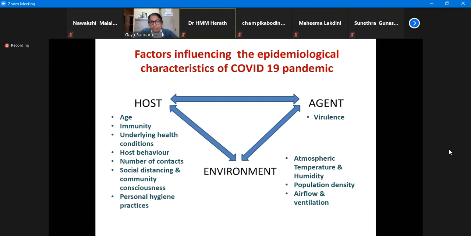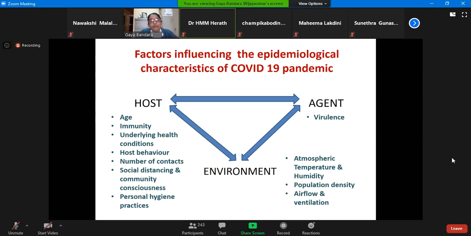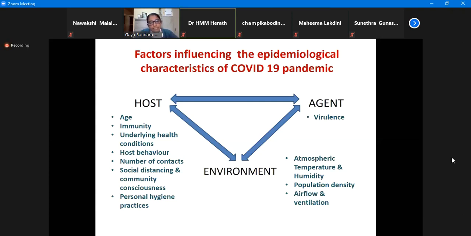So from 31st December 2019 up to now, by looking at the nature of the disease, the victims or the cases, the researchers have put forward certain hypotheses about the factors that influence these epidemiological characteristics of COVID-19. So they have identified certain host factors, agent factors, and environmental factors that might determine the nature of the spread of disease and the people who get affected.